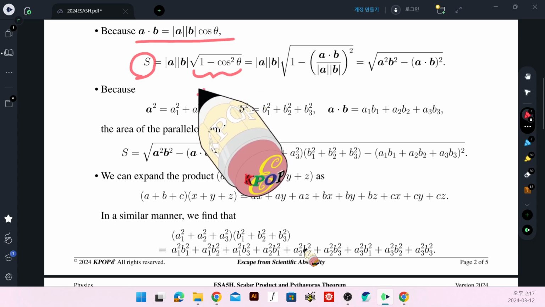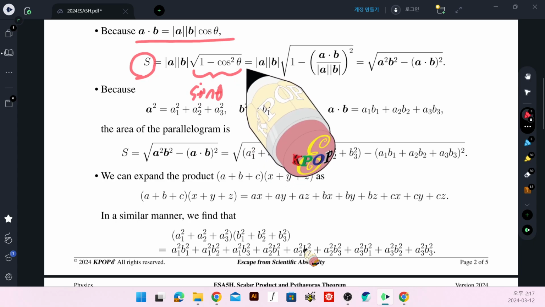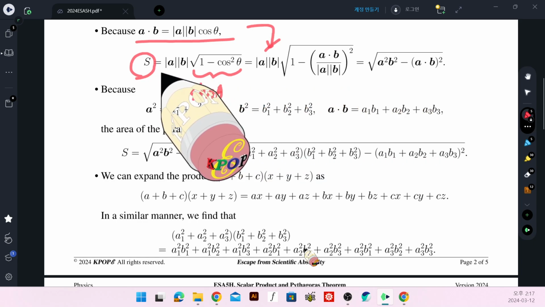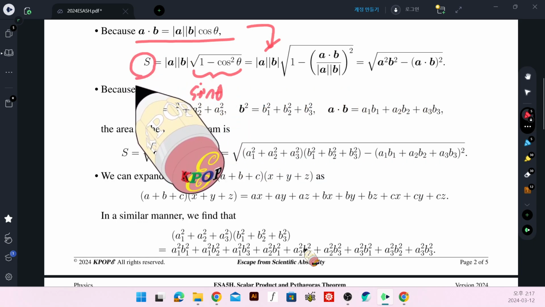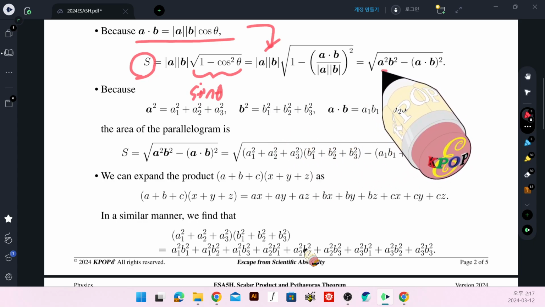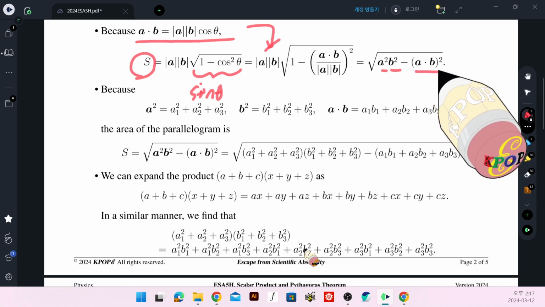And this sine theta is the square root of 1 minus cosine squared theta. And using this identity, we can express the area of the parallelogram completely in terms of the square of A, the square of B, and the scalar product of A and B.